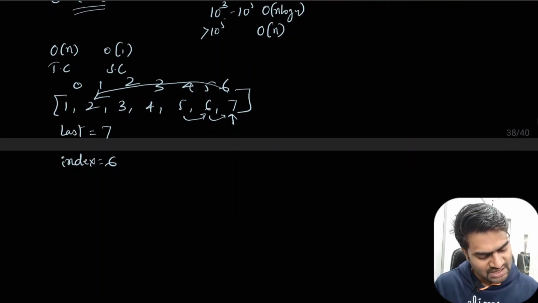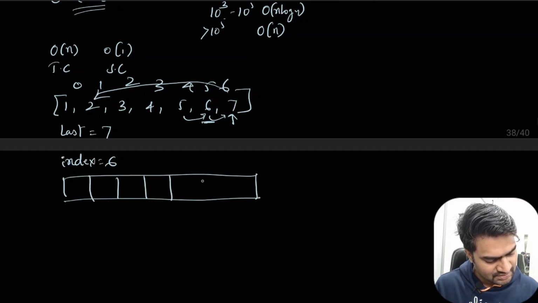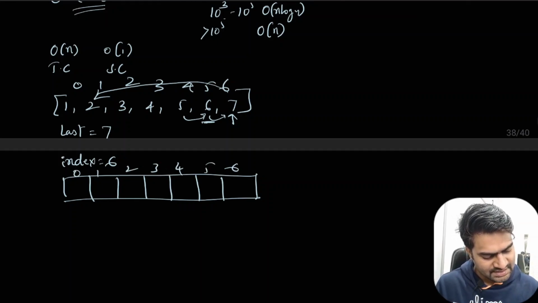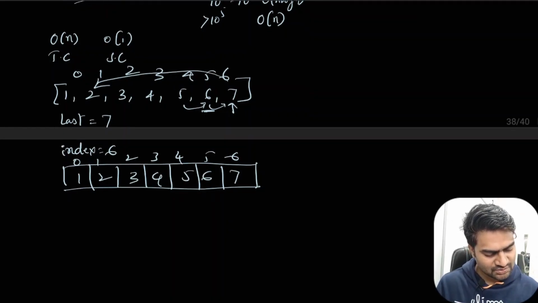Now I will draw it like this: 0, 1, 2, 3, 4, 5, 6, and these are the numbers. I will start from index 6 and move this number here.